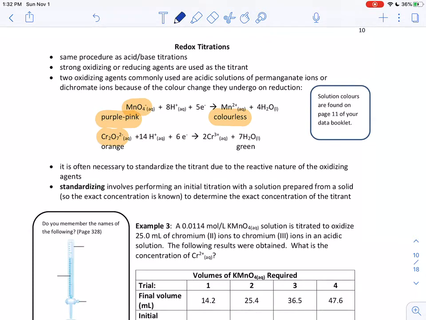A lot of times when we use KMnO4, it's such a strong oxidizing agent that over time, if it's stored, the solution will actually lose a little bit of strength. And so by doing a standardization with another substance whose concentration you know very accurately, you can actually determine what your concentration is very accurately, and then do your titration.